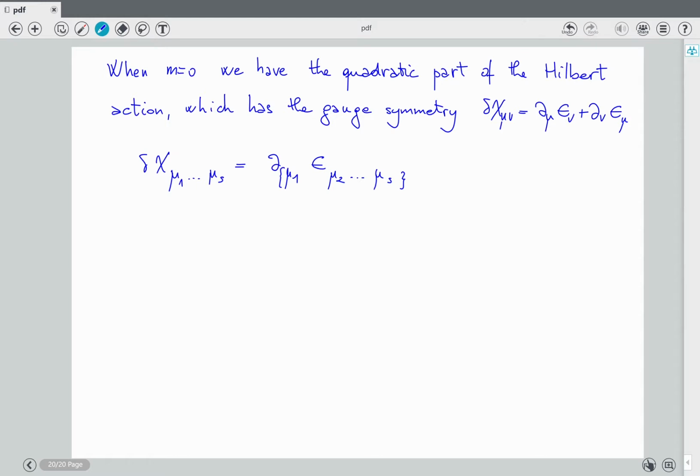Unfortunately, massless higher spin fields only exist in the free field limit because they cannot couple with themselves or with gravity. And the reason is that there is a no-go theorem actually. It's still an open problem how to get around that no-go theorem.